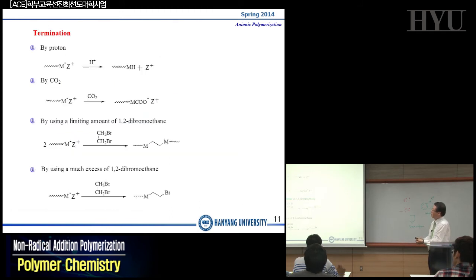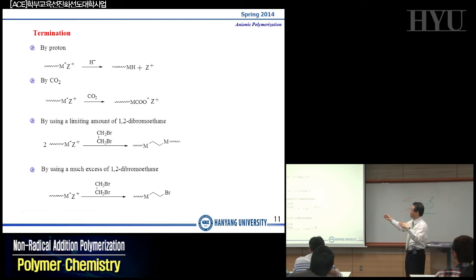Termination can be done by many steps, okay? But a proton donating group will terminate this carbanion, the anionic species at the end of the chain, because anything that can attack this proton will terminate in this way, as you can see here.